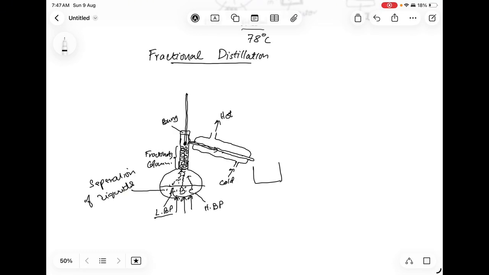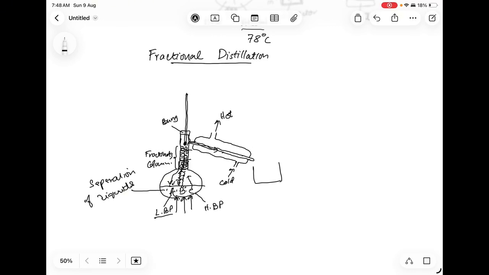As they proceed up through the fractionating column, the molecules of A are going to escape all the way up and get through the distillation tube, while the molecules of B are going to go up, and because the upper portion of the fractionating column is not hot enough, they're going to collide with the beads and fall back.